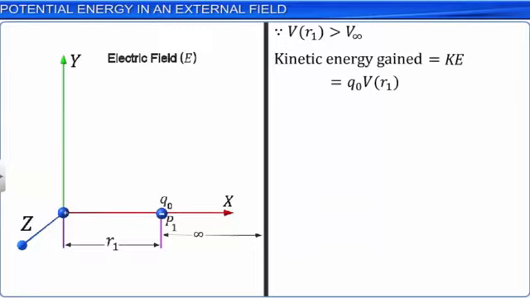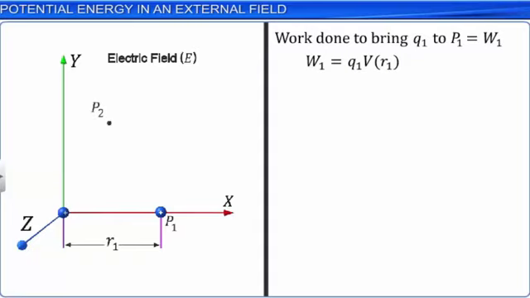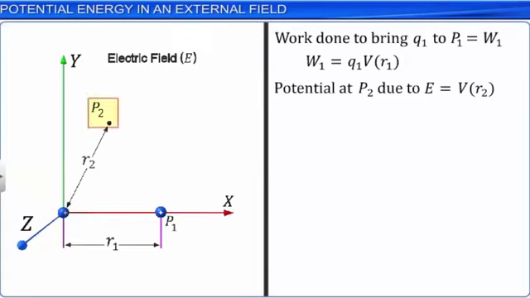We have seen that the work done to bring a charge Q1 from infinity to point P1 is given by W1 is equal to Q1 into V of R1. Now let us consider another point P2 in the electric field, whose position vector with respect to the origin is R2, and the external potential at the point is V of R2.